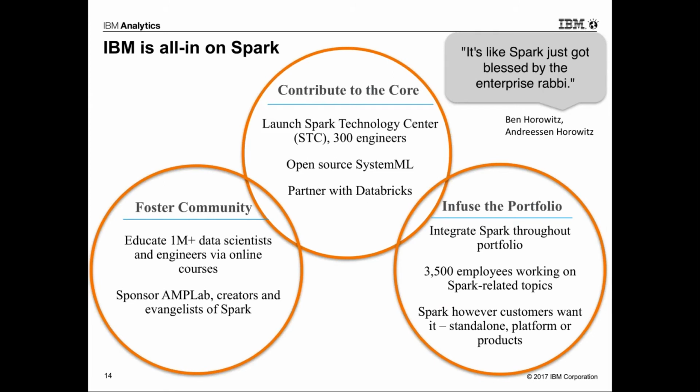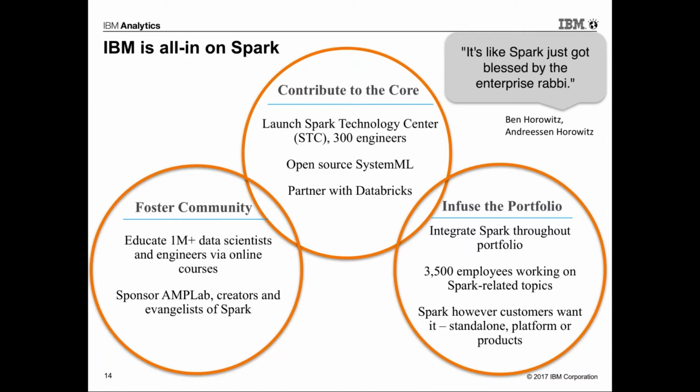So IBM is heavily investing in open source and has been for some time. There's a number of things to talk about. One is the Spark Technology Center in San Francisco, which is essentially a large engineering organization dedicated toward making Spark as good as it can possibly be.